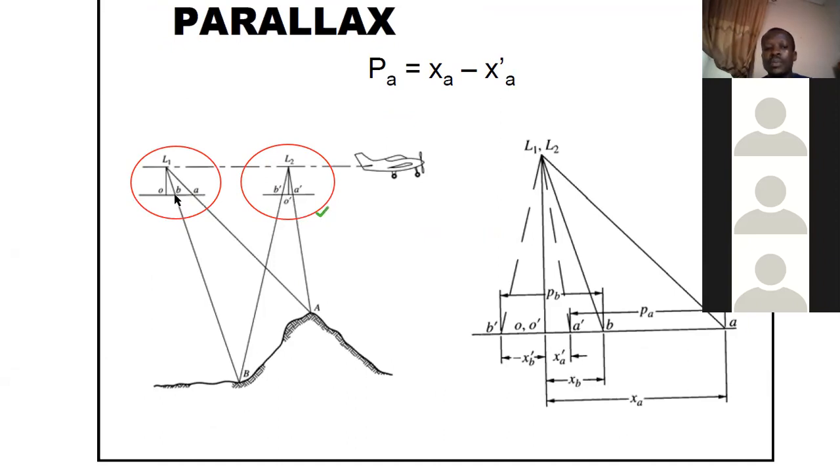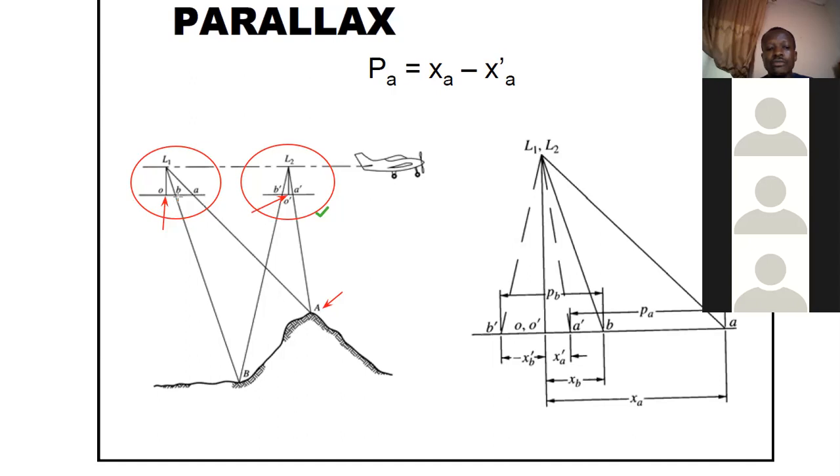So the point A is captured twice on the photograph, as small a and then a prime. The point B is also captured as b and then b prime. The center of the photo coordinate system is O. So that's the center right there.